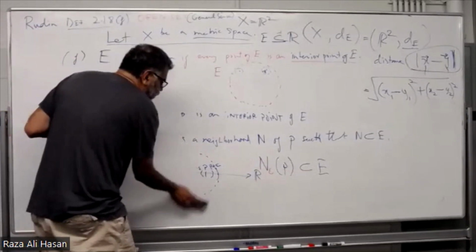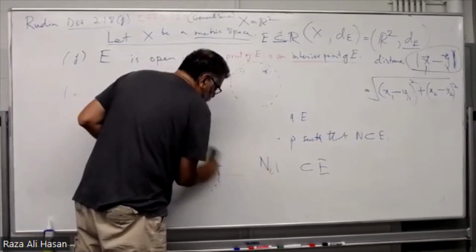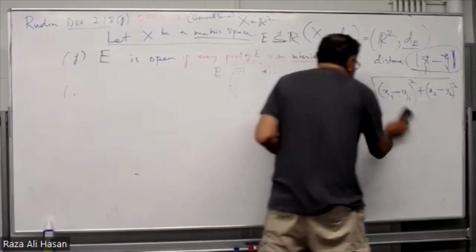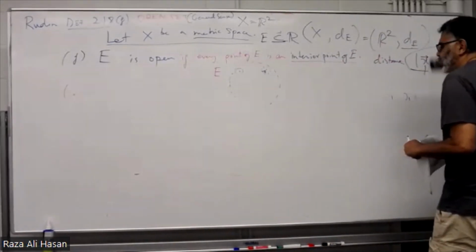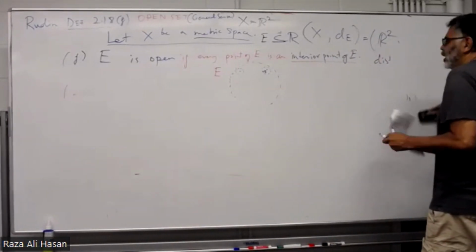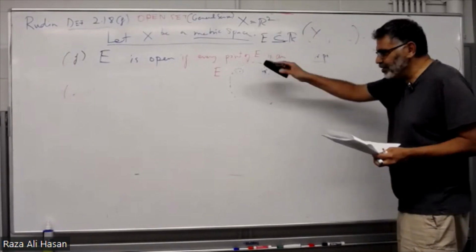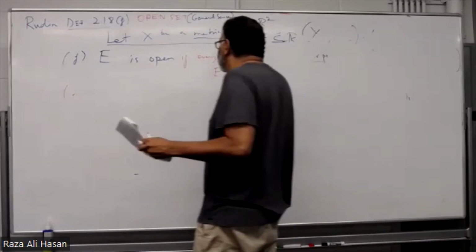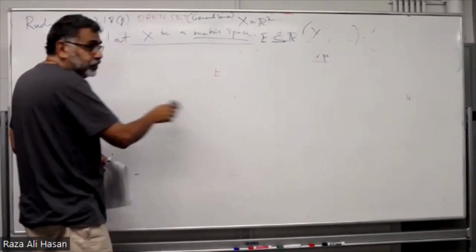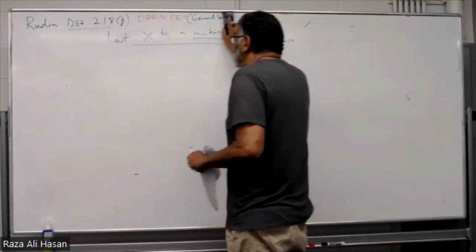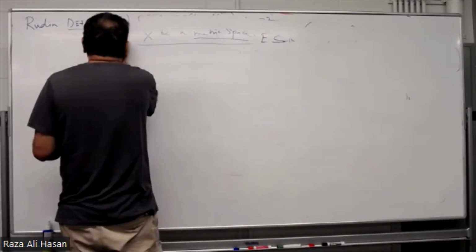Okay, so we did do a little bit of closed. Let's write down the definition of a limit point, which we never actually wrote down. We just wrote down the definition of interior point from Rudin, and now we're going to write down the definition of a limit point.